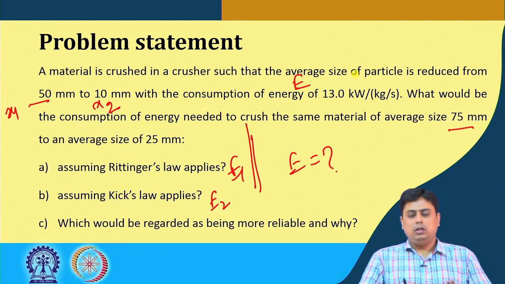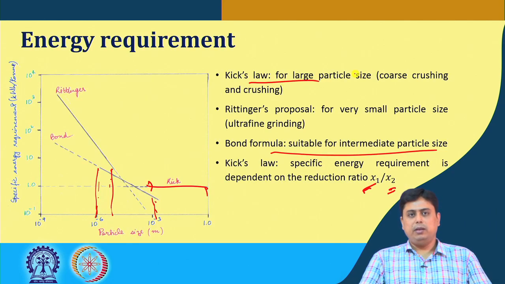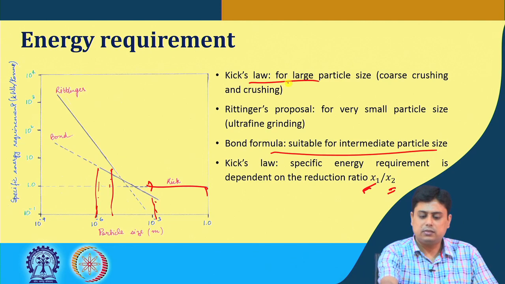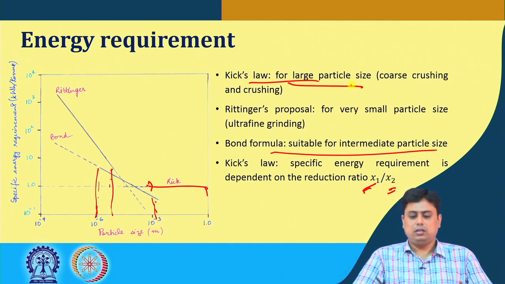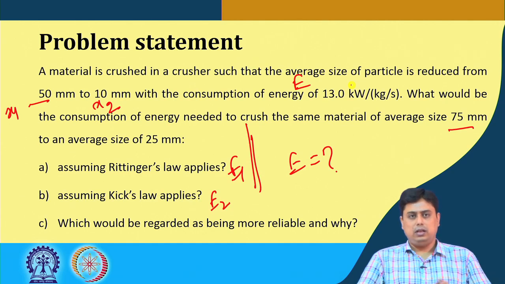Now, in the last slide to this problem, we mentioned validity: Kick's law for large particle size or coarser crushing, and Rittinger's law for ultra fine grinding. Now, here the size range, is it ultra fine, or finer, or is it coarser?